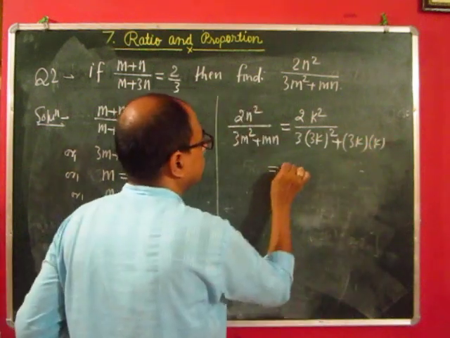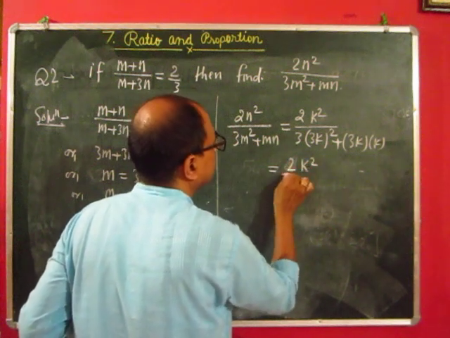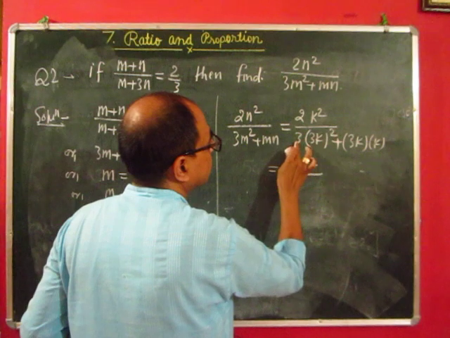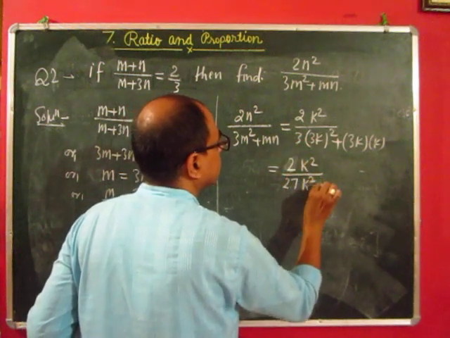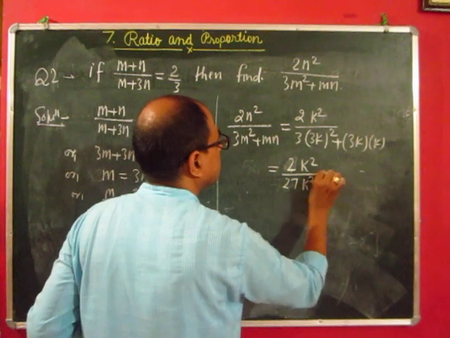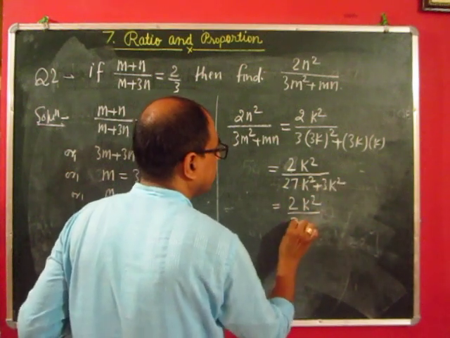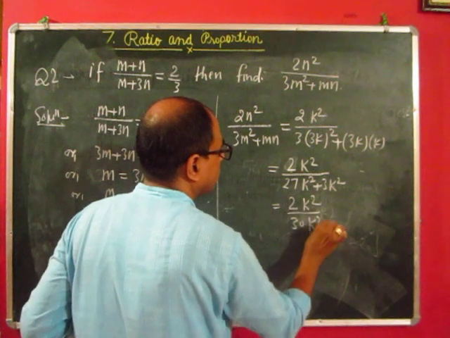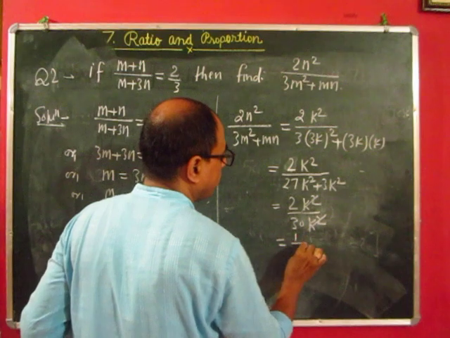So it will be equal to 2 times k square by 27k square plus 3k square. So we are getting 2k square by 30k square. Clear? So k square cancels, and the answer will be 1 by 15.